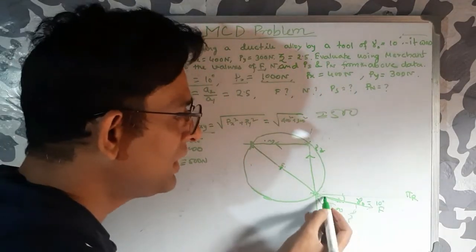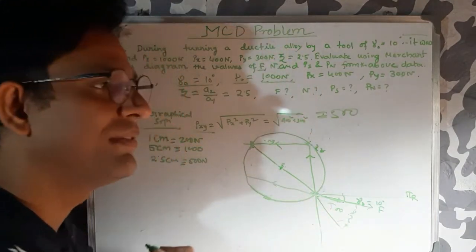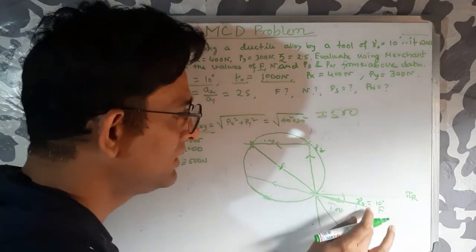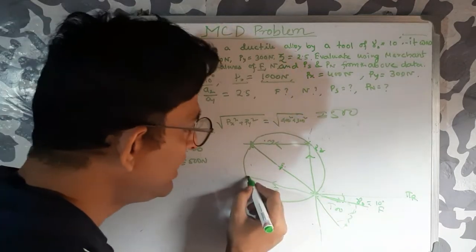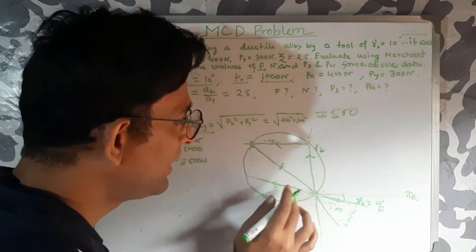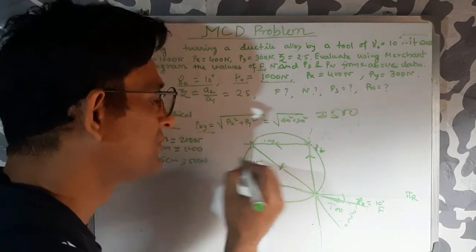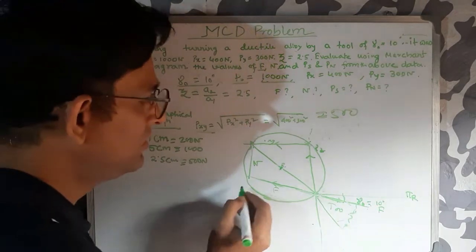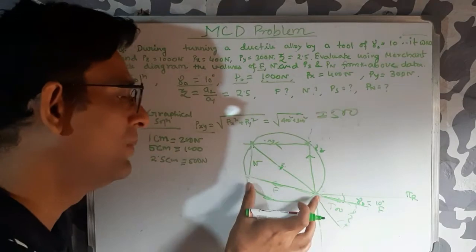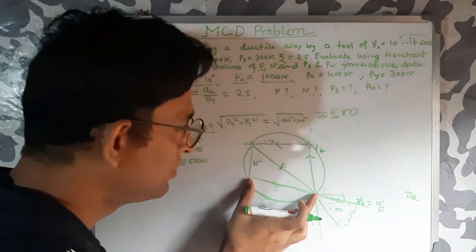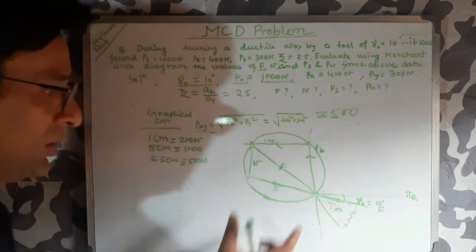Now this frictional force can be in this direction, just reverse the direction, that is F. Perpendicular to F, that is called N. Now take the value of F with the help of a scale. Just put a scale here and measure the length of F.